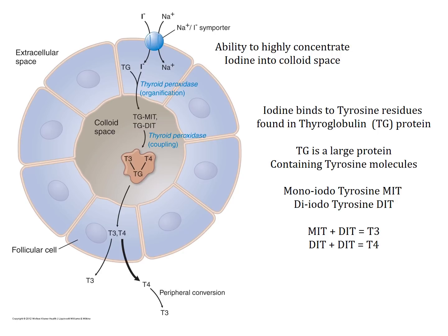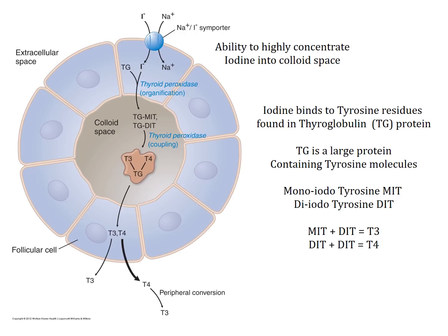One iodine molecule can be placed on a tyrosine, or two iodine molecules can be placed on a tyrosine, and we get either monoiodotyrosine or diiodotyrosine, and then we can combine those to make T3 and T4. It's called T3 because it has 3 iodine molecules. It's called T4 because it has 4 iodine molecules.